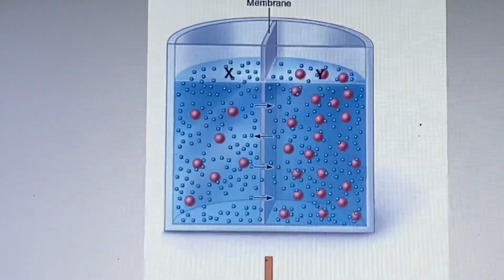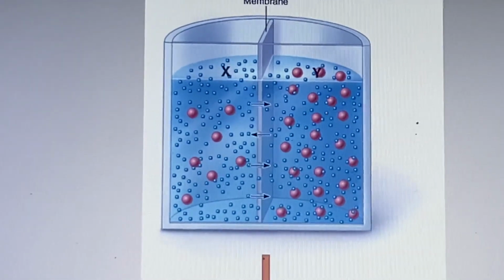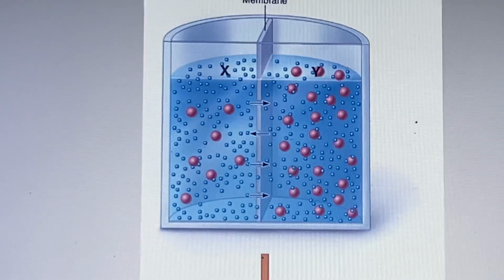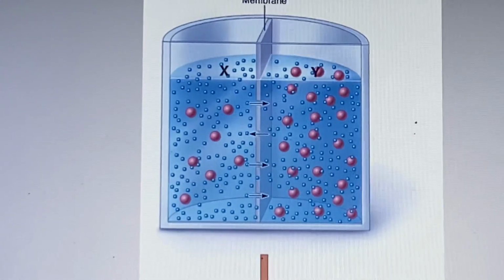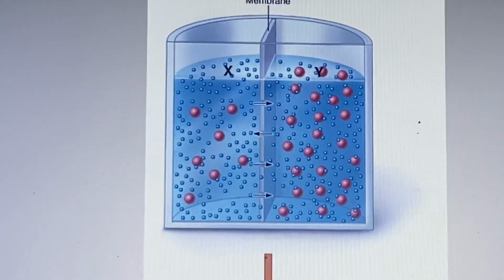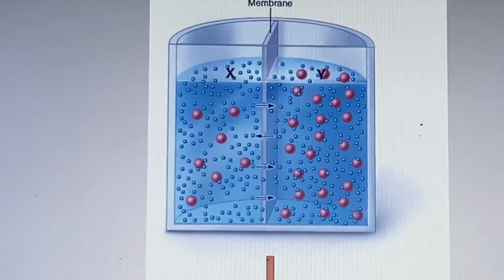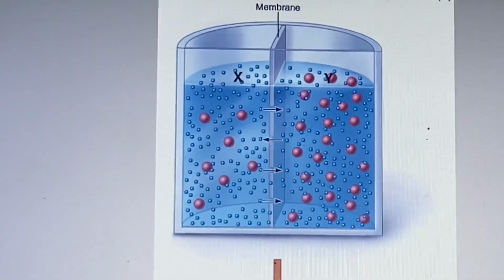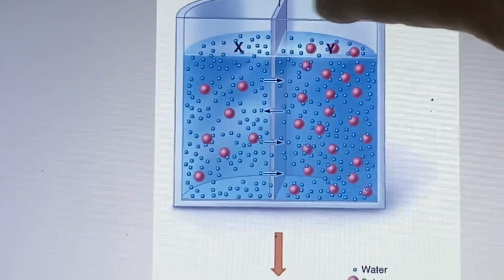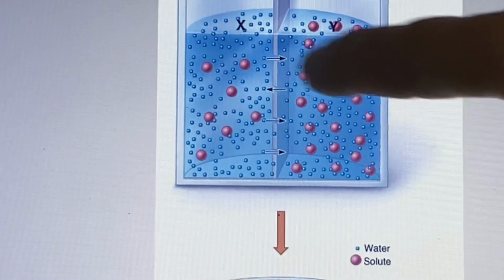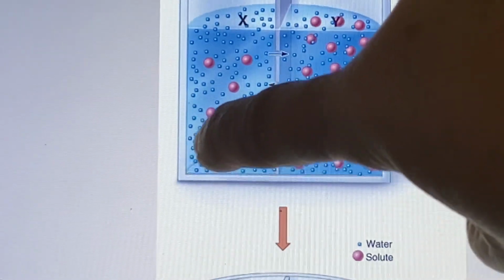The red circles represent solute, so they're too big to pass through the membrane by themselves. They could be anything like glucose or amino acids, whatever, but they're too big. The little blue circles represent water molecules. Now notice, you have way more of the red circles on this side than you do over here.